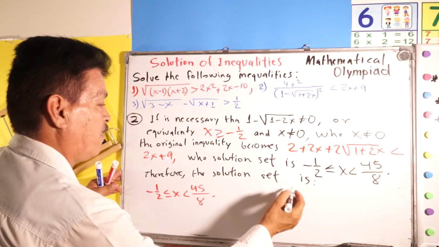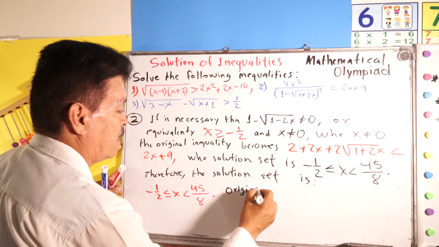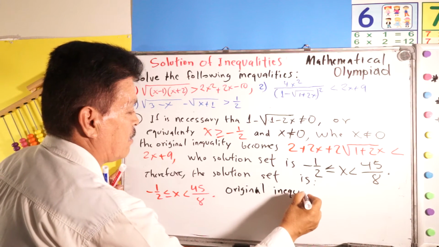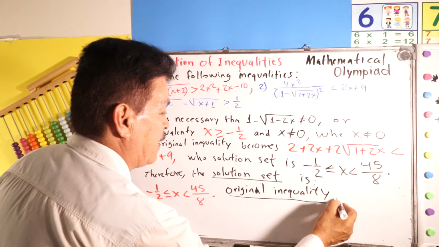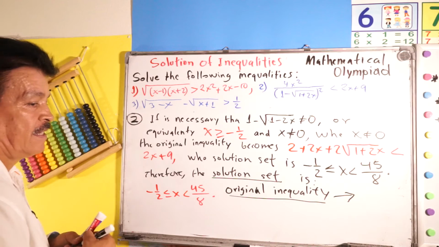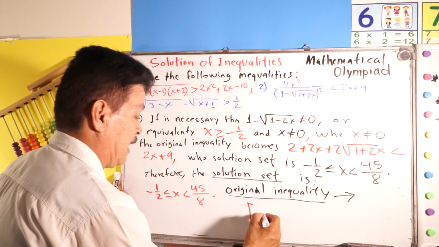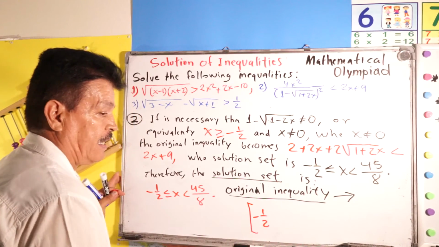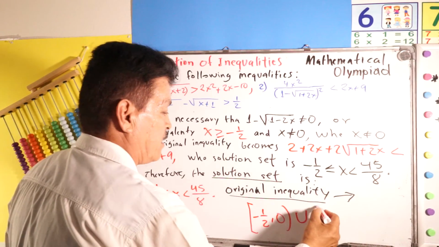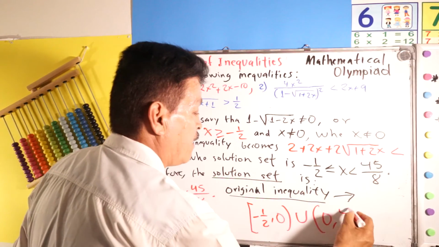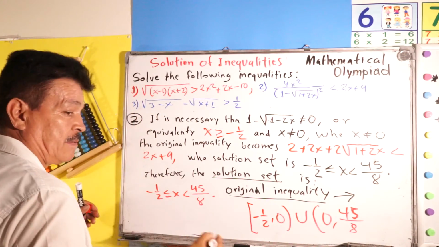So the solution set for the original inequality is, because x is different from 0, negative 1/2 comma 0, or 0 comma 45/8.